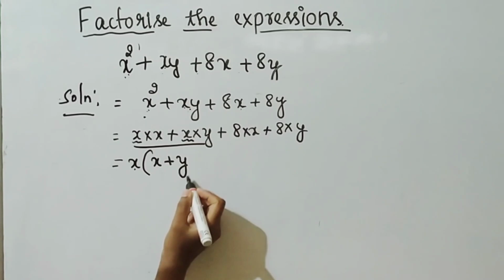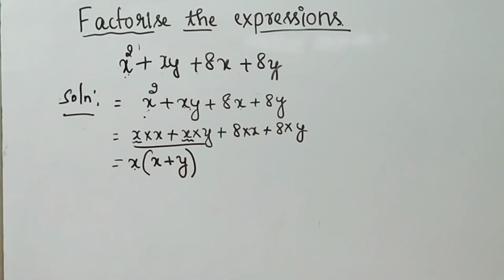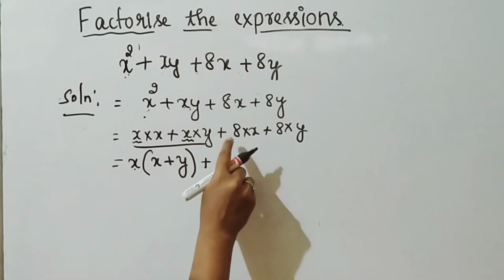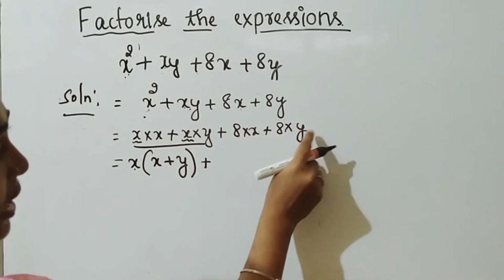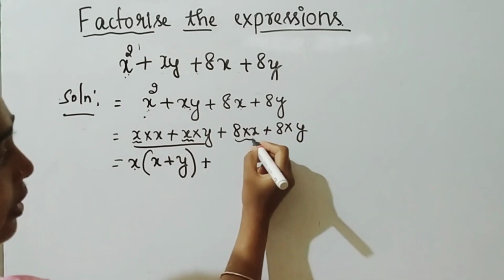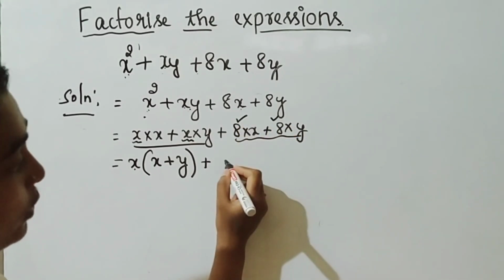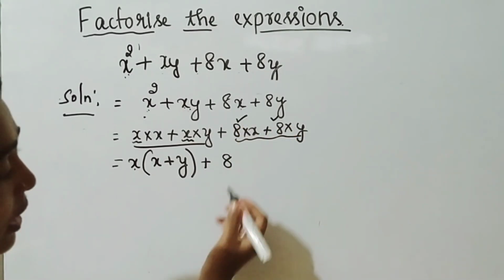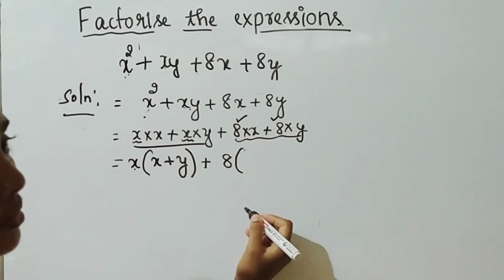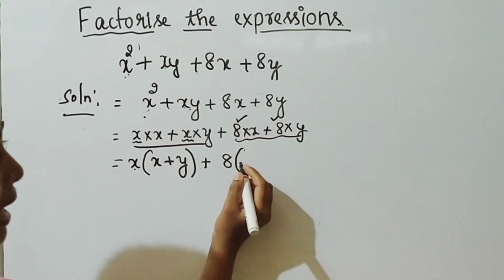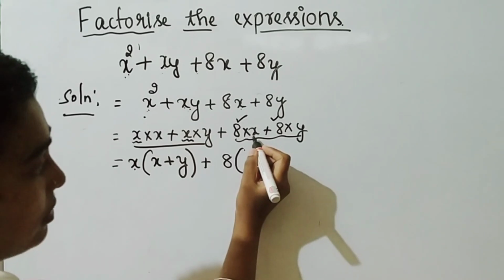Close the bracket. Now we'll move to this. Here plus is there. 8x plus 8y: in these two terms, you can find 8 common. Take 8 outside, and the left out factors you have to enter inside the brackets or the parenthesis.